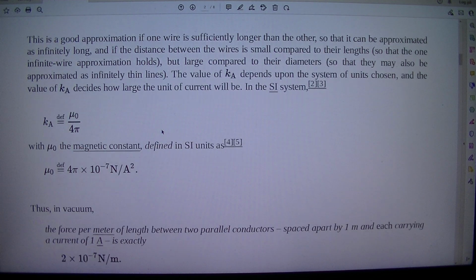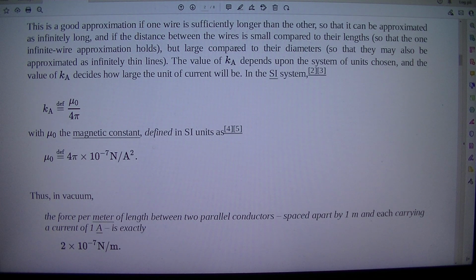This is a good approximation if one wire is sufficiently longer than the other, so that it can be approximated as infinitely long, and if the distance between the wires is small compared to their lengths, so that the one infinite wire approximation holds, but large compared to their diameters, so that they may also be approximated as infinitely thin lines.